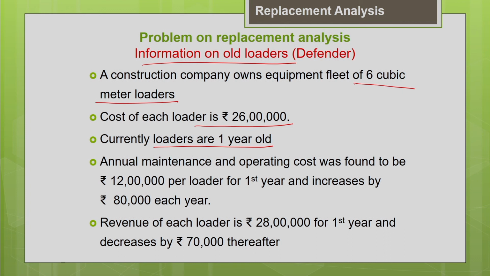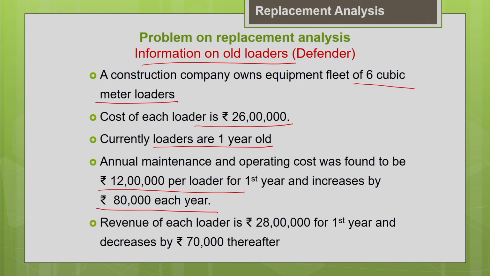The annual maintenance and operating cost was found to be 12 lakh per loader for the first year, and after that it increases by rupees 80,000 every year. As you know, as the machine ages, the maintenance, repair and operating costs will increase.